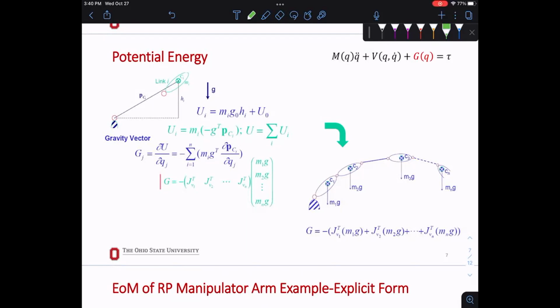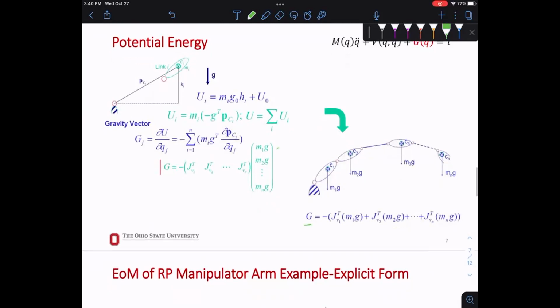Now, this guy is the linear Jacobian: the partial of the center of mass of the object with respect to the joint variable. This is how you calculated your linear Jacobian. So that's going to be your linear Jacobians times mg, which is fixed. So you can write G as basically the Jacobian of the first link, the second link, the third link.